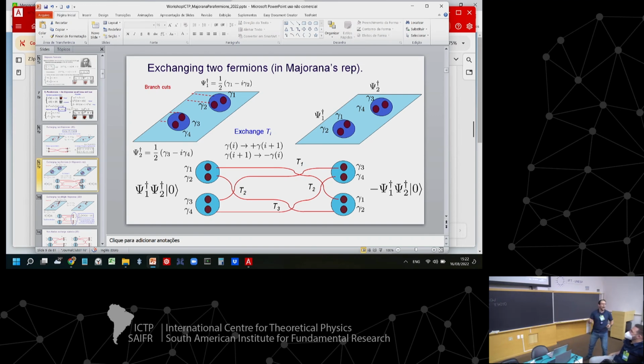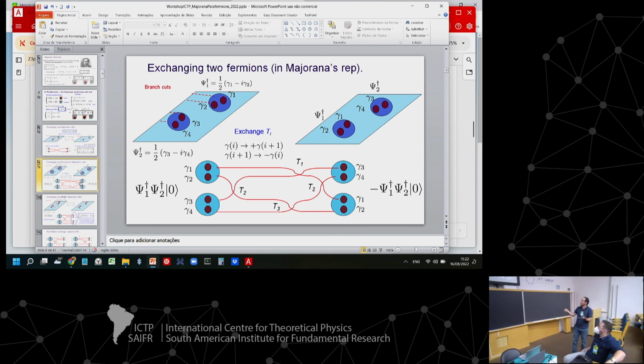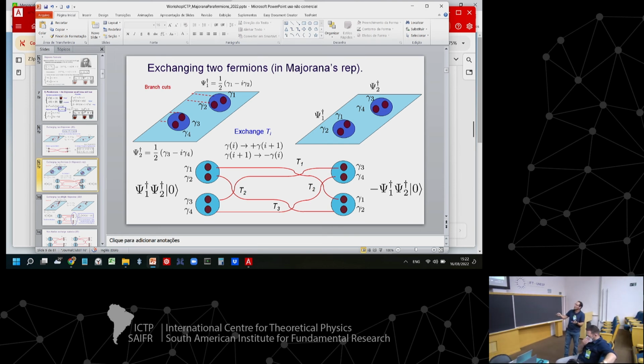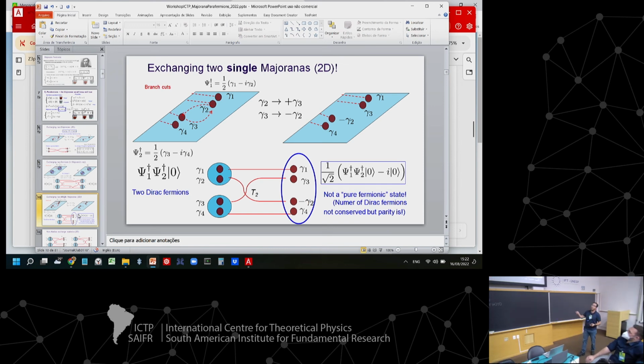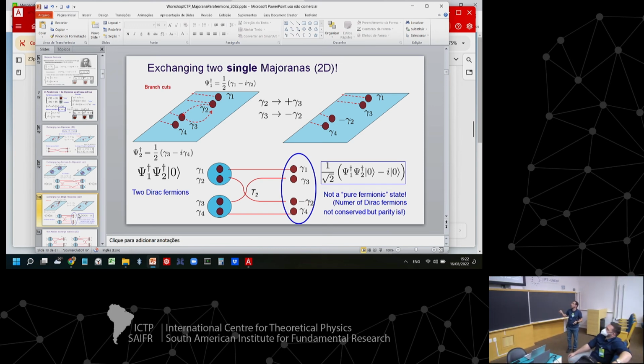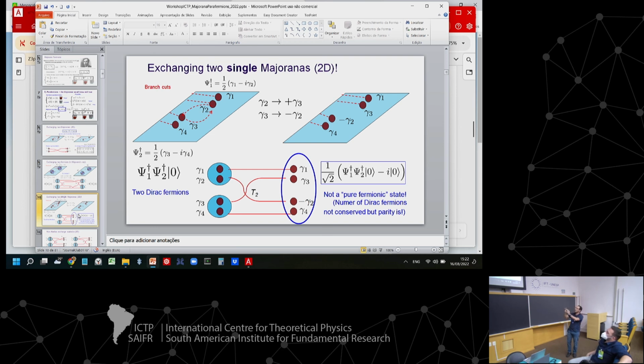So if you have 2 fermions and you exchange them, you get a -1, right? So if you have this blue thing and put it here, and this other one, put it there, the overall phase that you get is -1. Now, if you have individual Majoranas, you don't always get that. You get some combination that might not be 1, and you can use that to do, essentially, if you now go into the language of qubits, you can use these braiding operators to map that into qubit operation, like matrix, right?